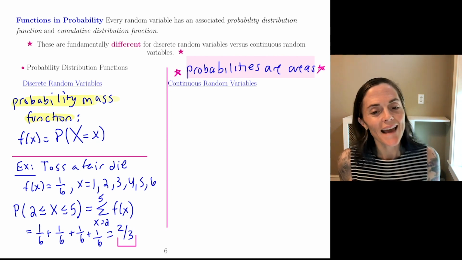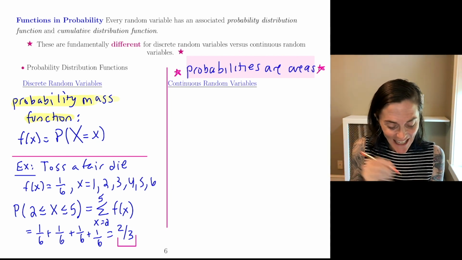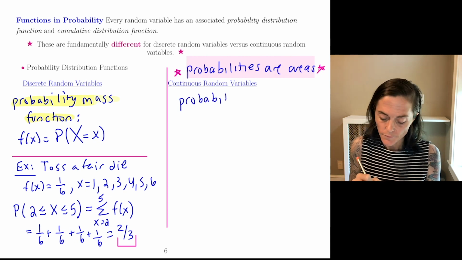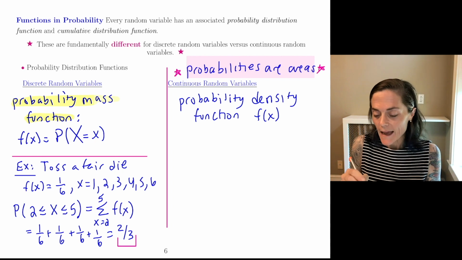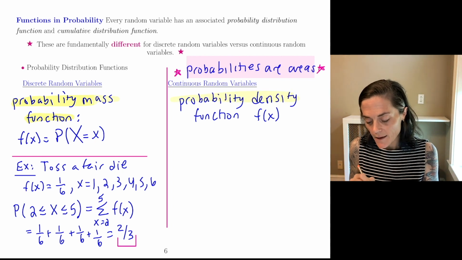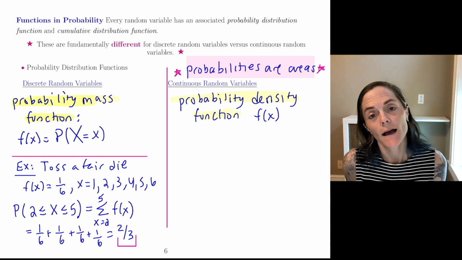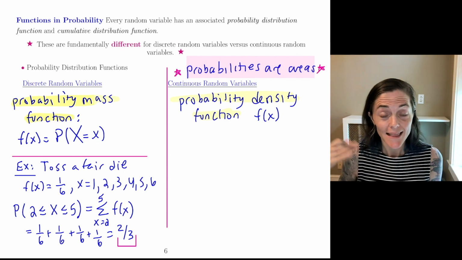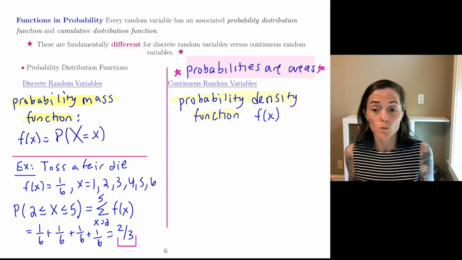So we do not have a probability mass function. In the continuous world, we have what's called a probability density function. Now, I cannot say that little f of x is the probability that capital X equals x. That is not the case in the continuous world.